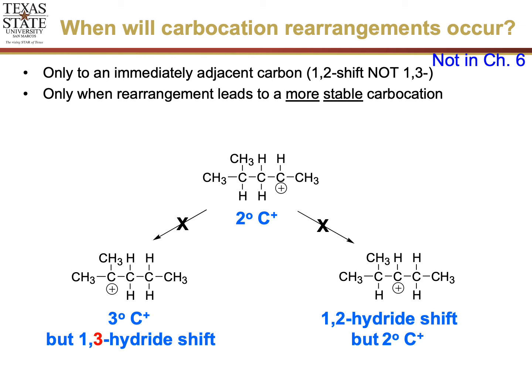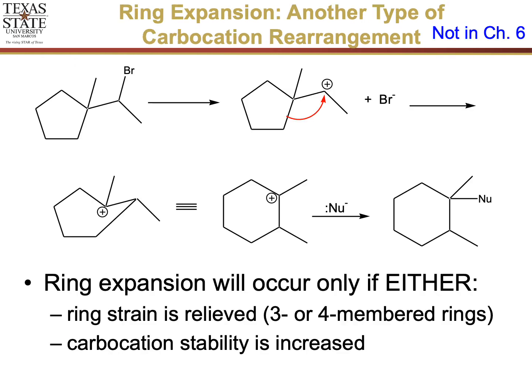If we do transfer, we can actually get a tertiary carbon, but it's 2 carbons over. That would be a 1,3 hydride shift. It will not transfer over to that 3rd carbon, and therefore that reaction does not happen either. So we always form the more stable carbocation, and we only do a 1,2 hydride or a 1,2 methyl shift.